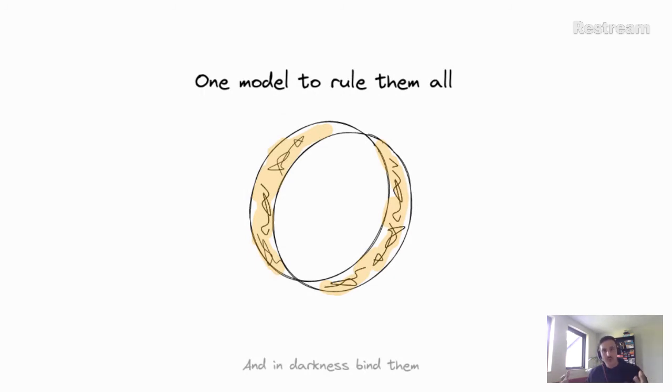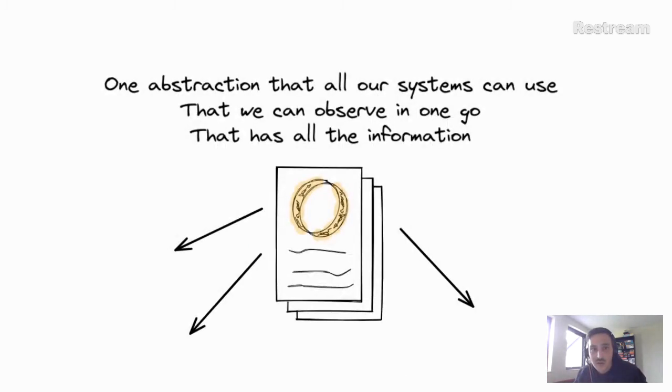So one model to rule them all. One model which has all the information about a data object, describing what it is, where it comes from, where it goes to, who owns it, what the labels are, etc. All this information that our different systems have, we need to combine together, so that we get one abstraction that all our systems can use, that we as people can observe in one go and share in one go, that has all the information to build this data object, but also to understand it, and to know how to ensure that it is of good quality.